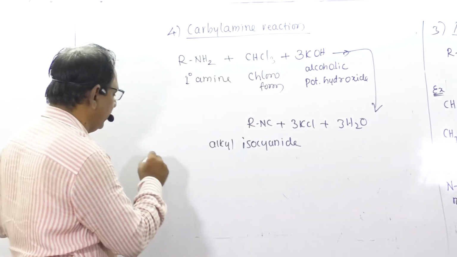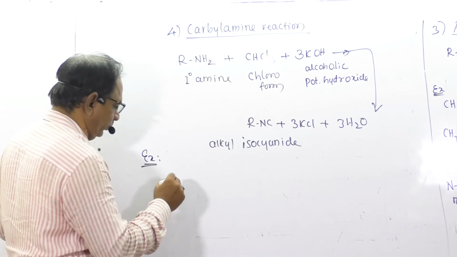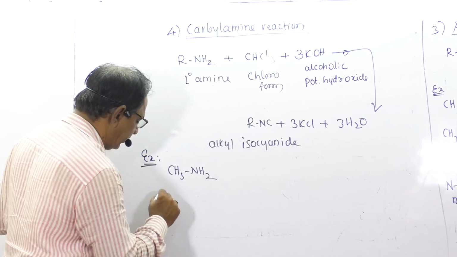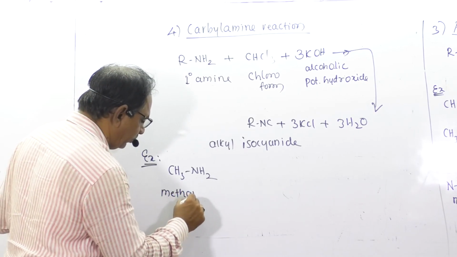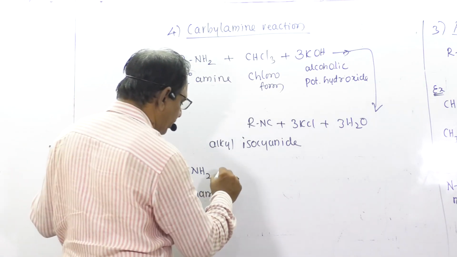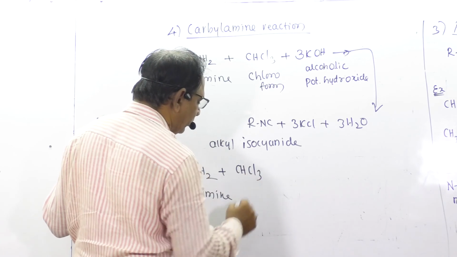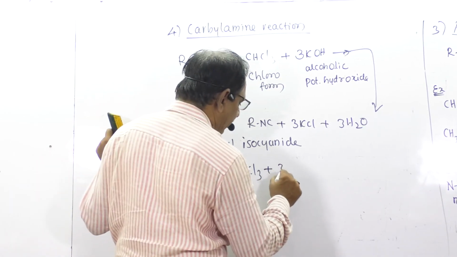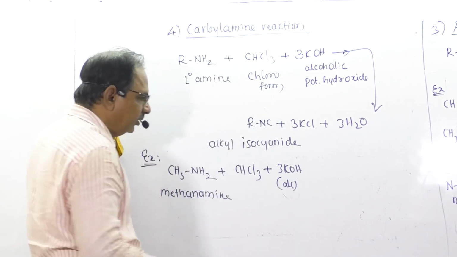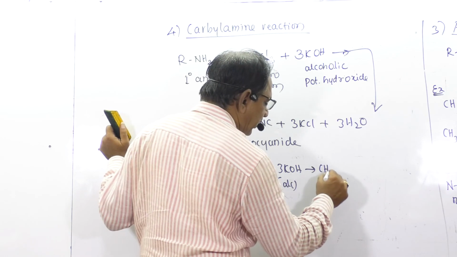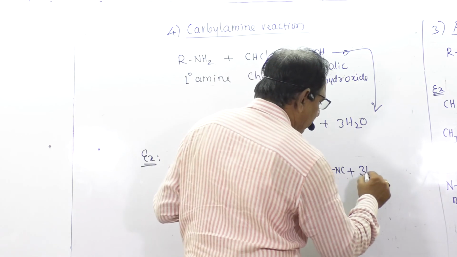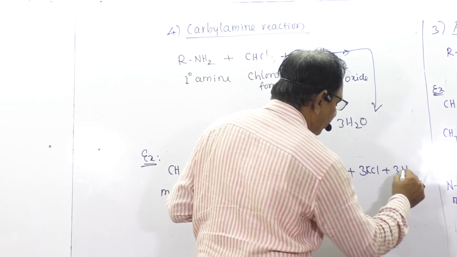So an example here, CH3NH2, that is methanamine, which reacts with chloroform and 3 molecules of alcoholic potassium hydroxide to form CH3NC plus 3KCl plus 3H2O.